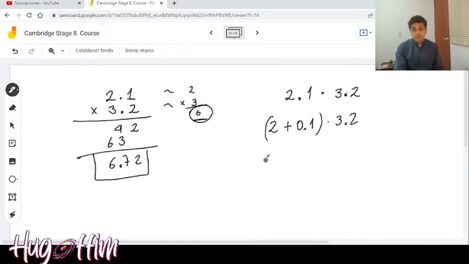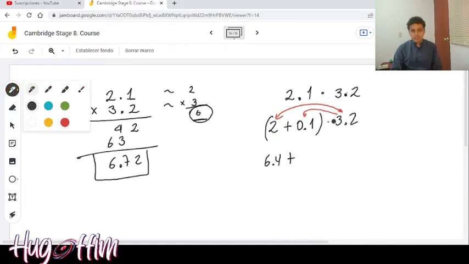In this case, it's going to be 6.4 plus 0.1 times 3.2. Remember that we saw a video in which we multiply 0.1 times 3.2, or by any number, and you just need to move the decimal point. It will be 0.32.